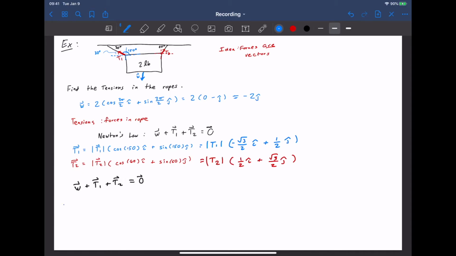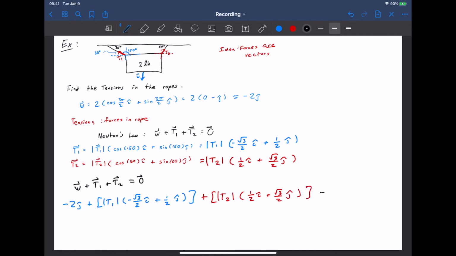What does that mean? Negative 2j plus T1 times negative root 3 over 2 I plus 1/2 j plus T2 times 1/2 I plus root 3 over 2 j.